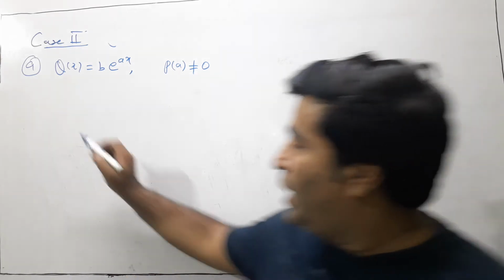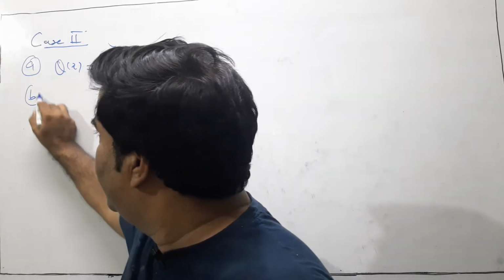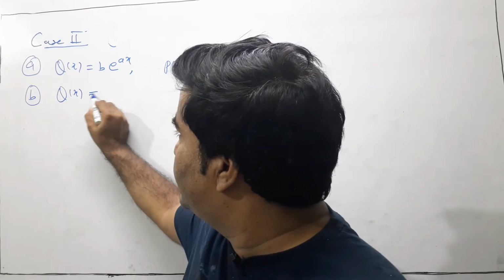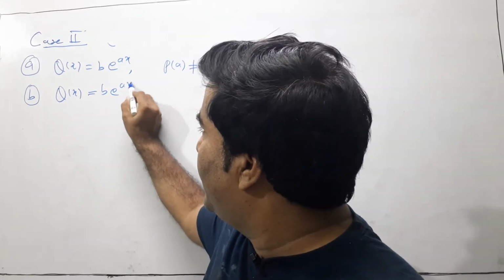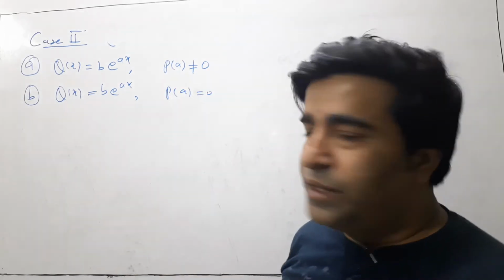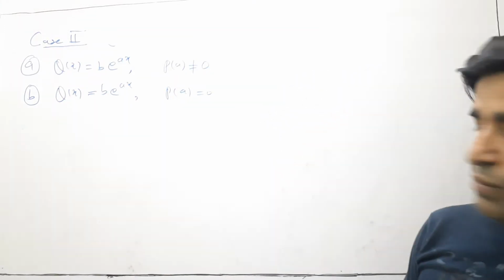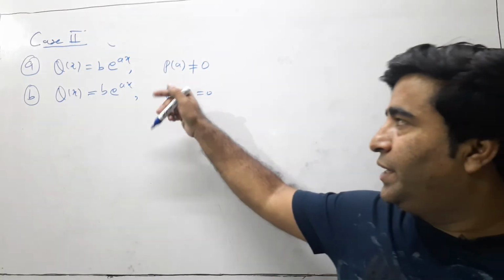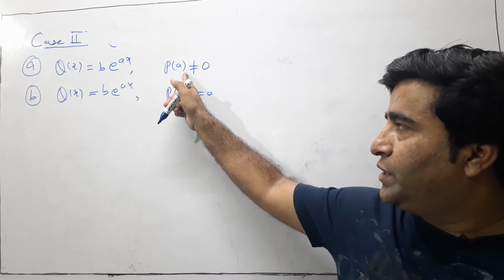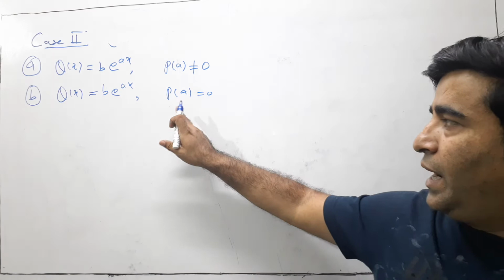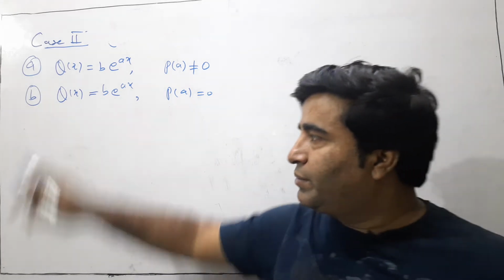Case B: Q(x) is equal to v into e to the power ax, where P(a) is 0. Here P is a polynomial in D. When we replace D by a, if P(a) is non-zero then we have case A, and if P(a) is 0 then we have case B.